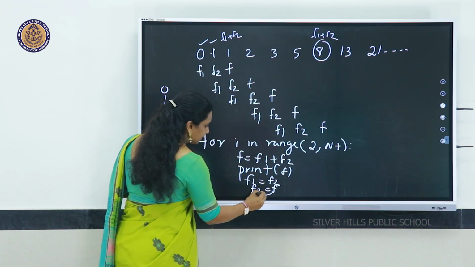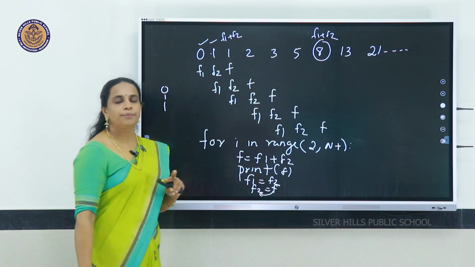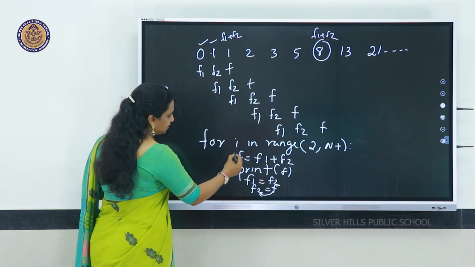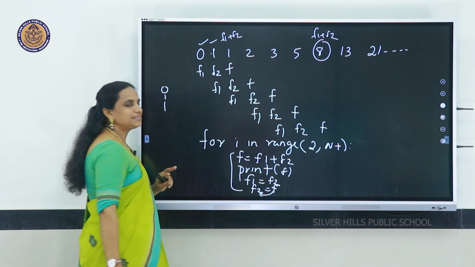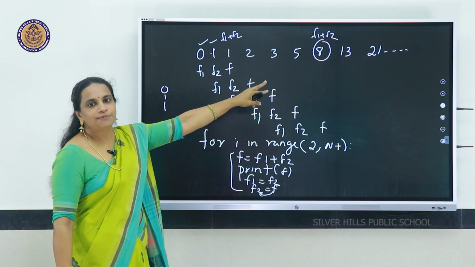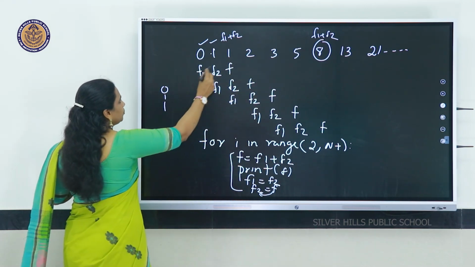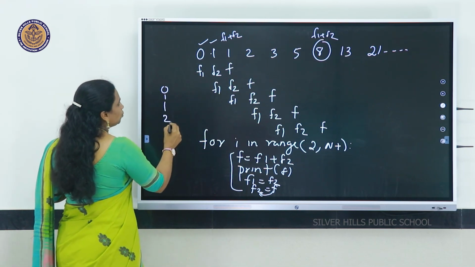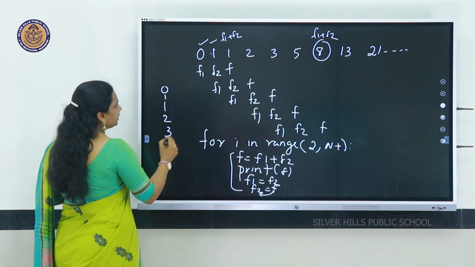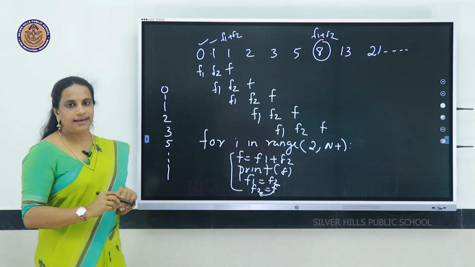The value of f is copied to f2, then the value of f2 is copied to f1. These four steps you can repeat again and again until the required number of Fibonacci numbers are printed. Like this you can continue: 1 plus 1 is 2, then 1 plus 2, 3 printed, 2 plus 3, 5 printed, etc. The series will go like this.